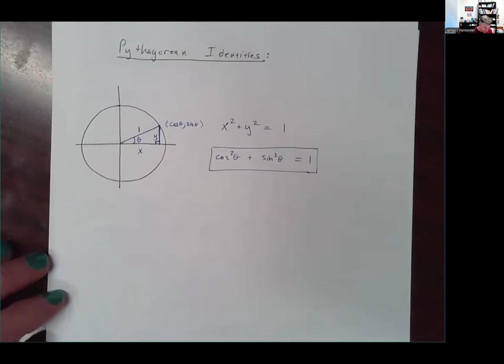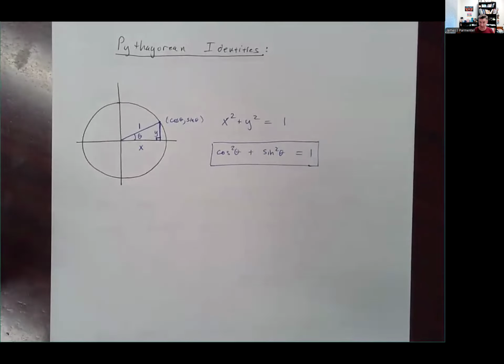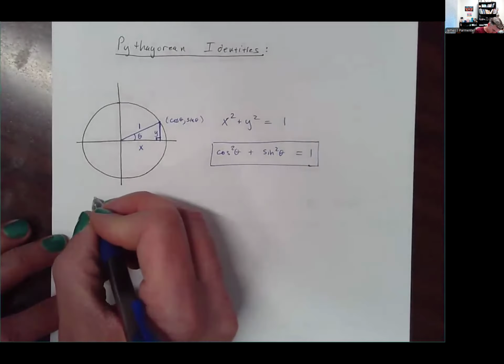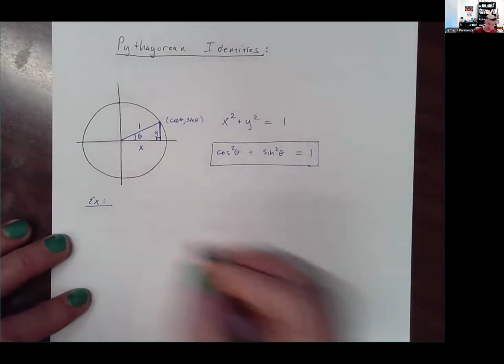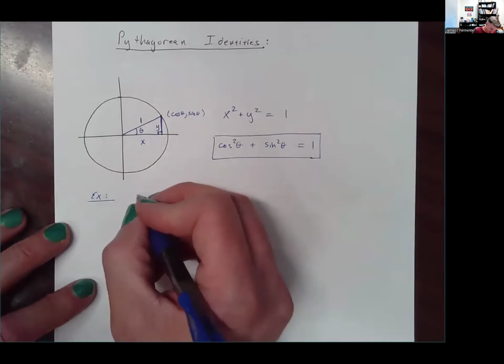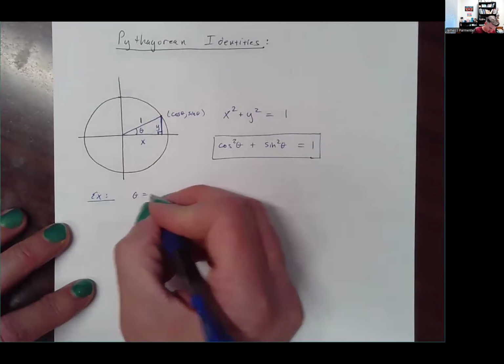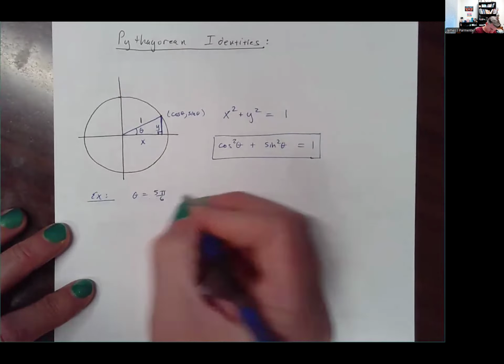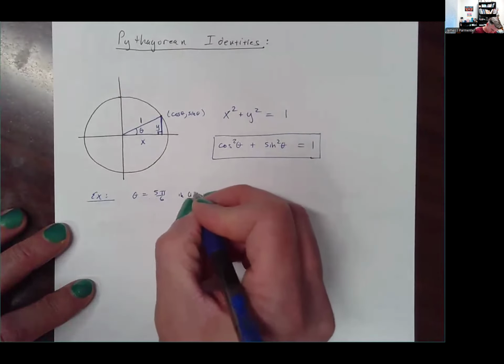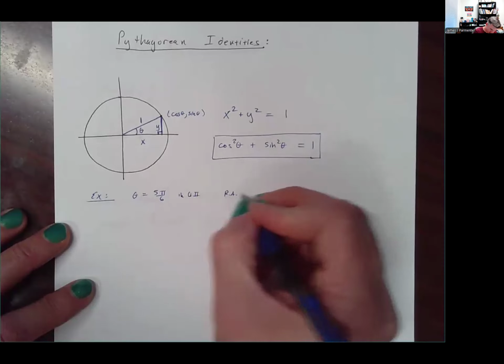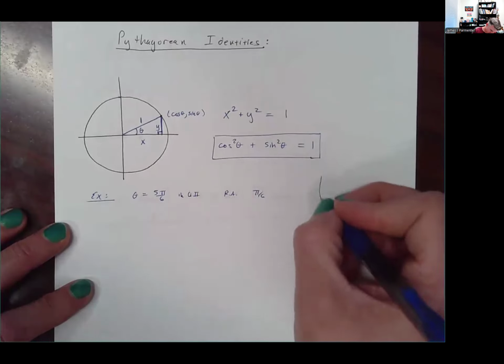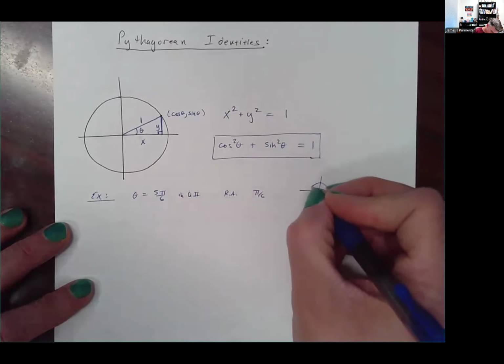I'll just point out it's true for any angle. So just for example, for an angle we know, if I picked, say, theta equal to 5 pi over 6 in quadrant 2, I know the reference angle is pi over 6. Looks something like this.